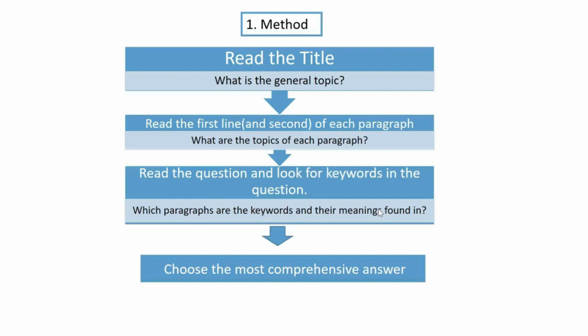We read the title, and then we read the first line and the second line, and then we read the question and look for keywords in the question. And then we look and see where the keywords are in the paragraphs. Then we choose the most comprehensive answer. This is the first method that we're going to choose, and let's see how it goes.